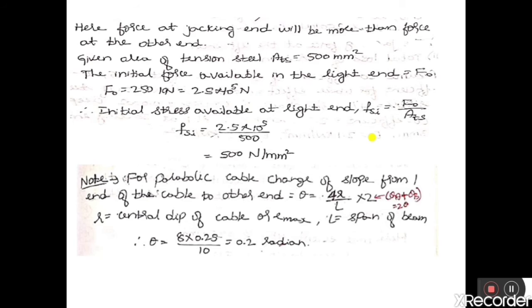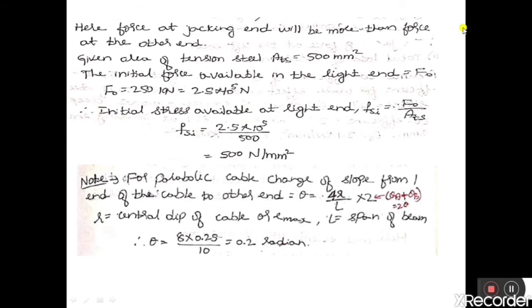Therefore I can calculate what is the initial pre-stress at right end. We know stress is equal to force by area. So we know what is the cross-section area of a cable, and we know what is the initial pre-stressing force at right end. So with the help of this force and area we can calculate what is the initial pre-stress.